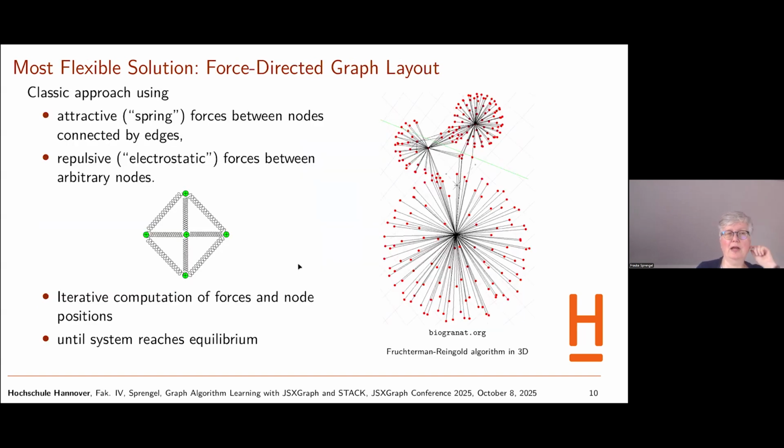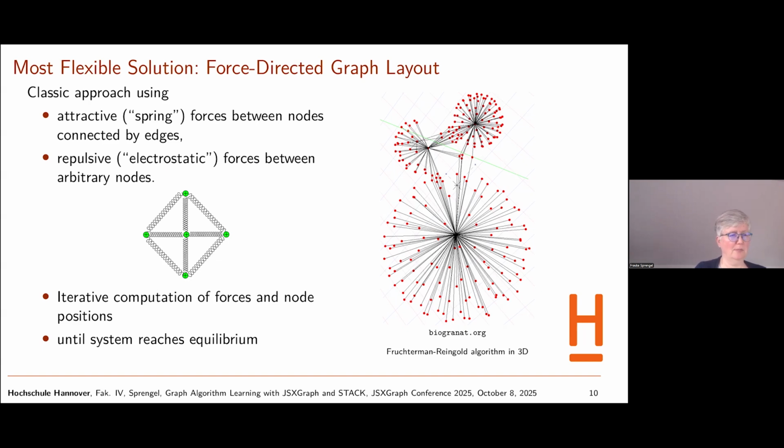Then, okay, we want to have nice graphs. Take the most flexible solution. Take a graph drawing algorithm. Maybe with such spring-based algorithms, you have attractive forces between the nodes, and you have electrostatic forces between the nodes, so you have some iteration, and then when you have equilibrium or near equilibrium, you get maybe some nice pictures like this.